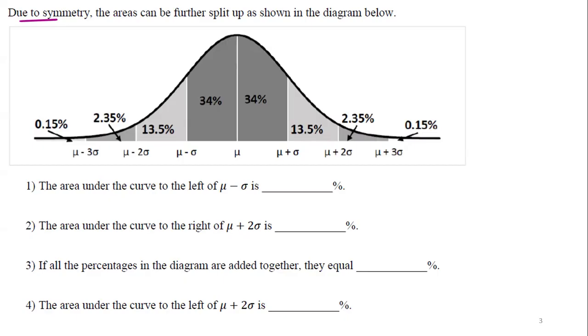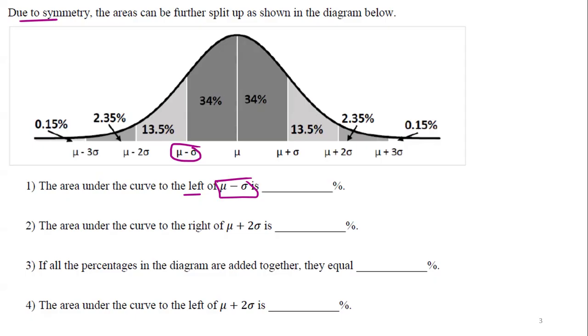So what does it mean when it says find the area under the curve to the left of mu minus sigma? First we want to find where mu minus sigma is, which is right here. We want to add up the areas to the left of mu minus sigma.